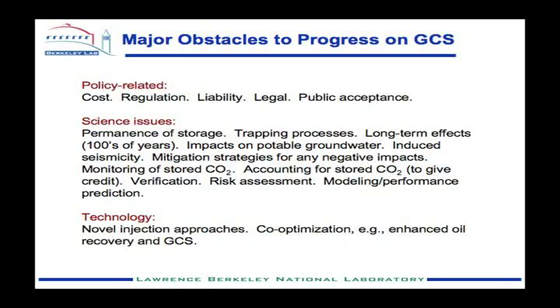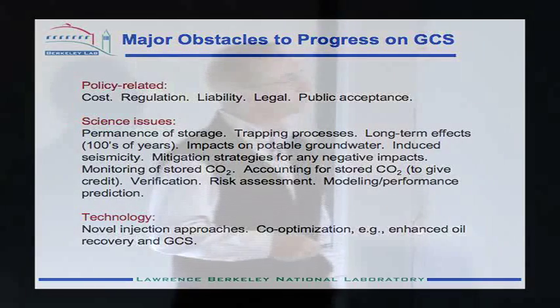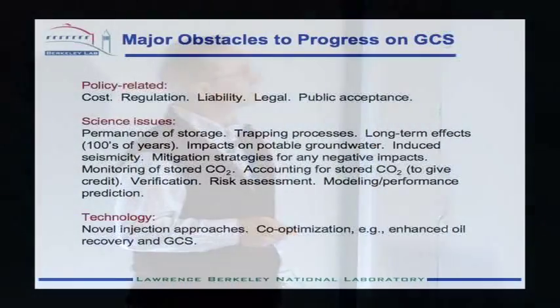And then in the end, there's also this public acceptance issue. If there's any sort of sense that there's a risk involved, and you live in an area where the CO2 is going to be stored, there's little reason for you to want to see the CO2 stored under your ranch or your house, unless perhaps you're paid enough for it.